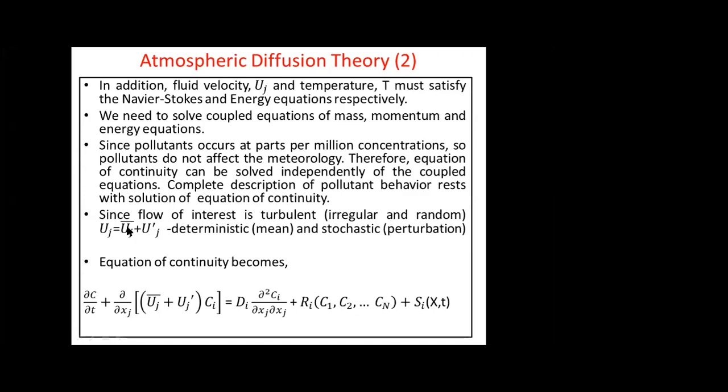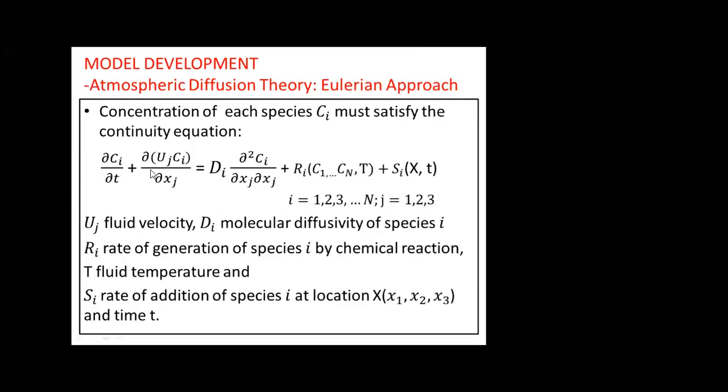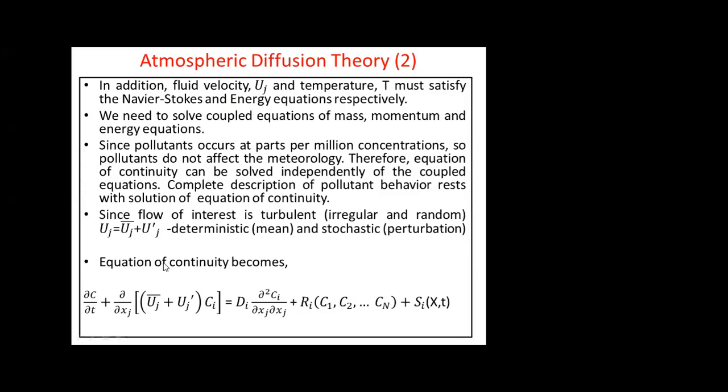One is the mean part, that is deterministic, and another is the perturbation part, which is stochastic. Now we substitute these two components of uj in the equation here, and the equation of continuity becomes this.